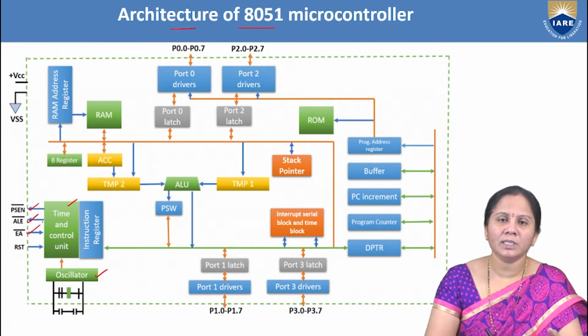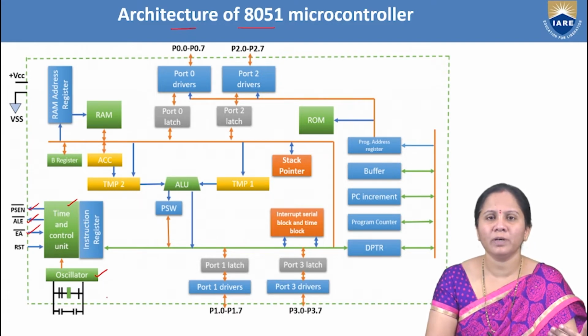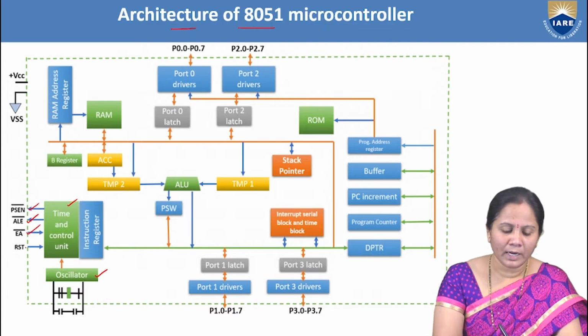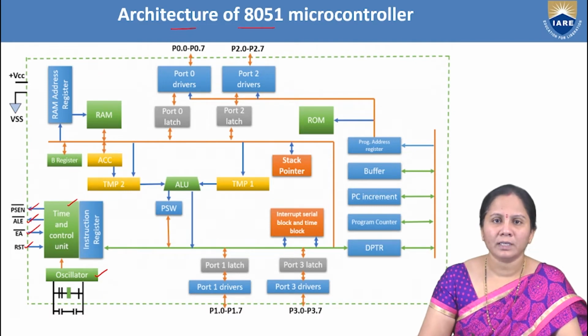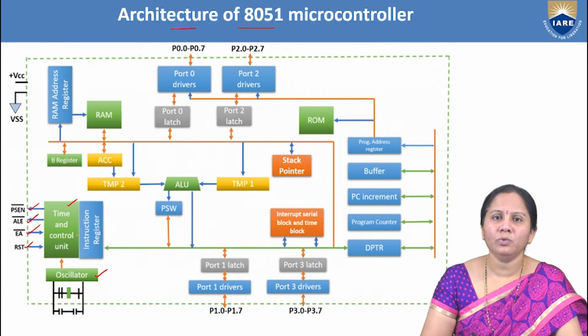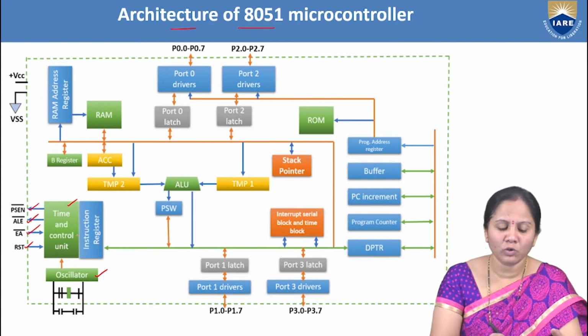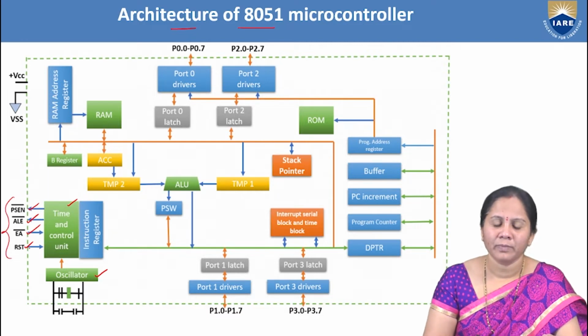The next control signal is EA bar, which stands for external access; this active low signal is used for accessing the external ROM and RAM. Another signal is RST, which stands for reset. If the timing and control unit gets input from the oscillator circuit, it produces all these timing and control signals.